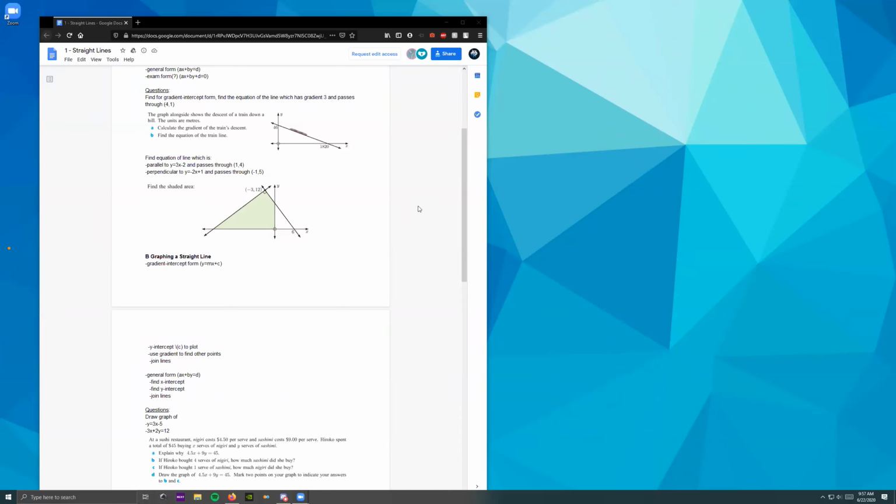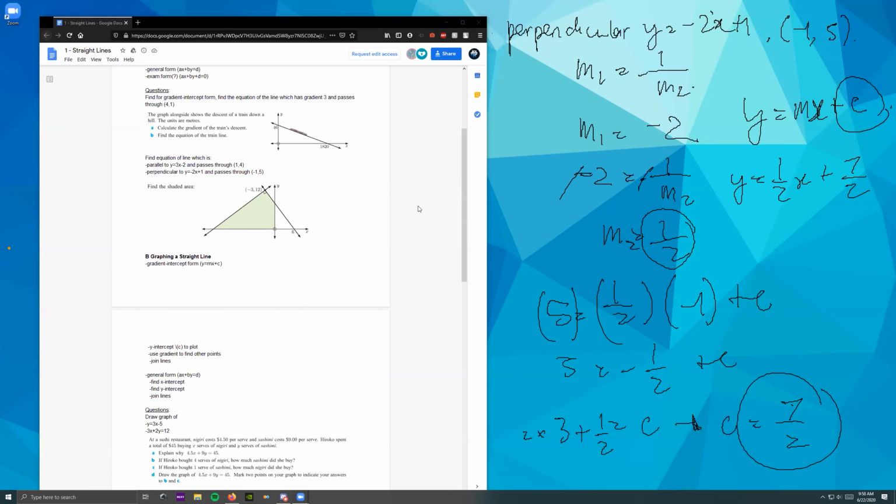So for the next question, we're supposed to find the shaded area. Okay, this might be a little bit trickier than the ones before. But it's actually quite simple.